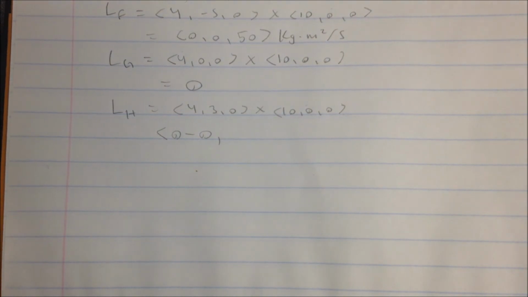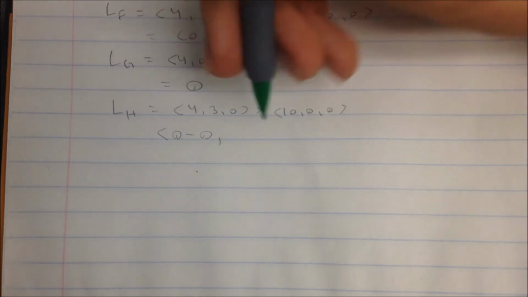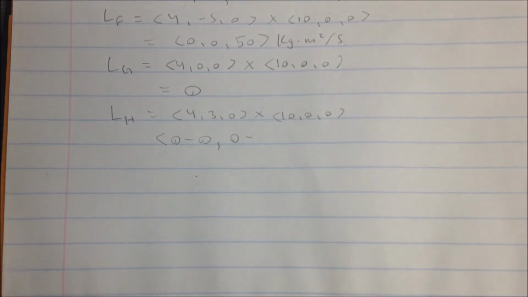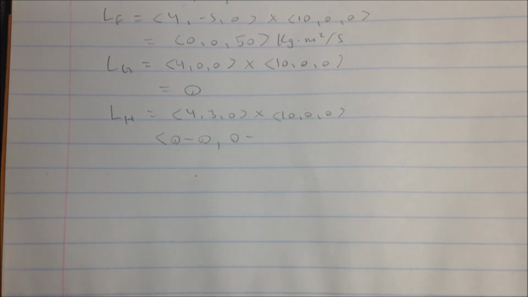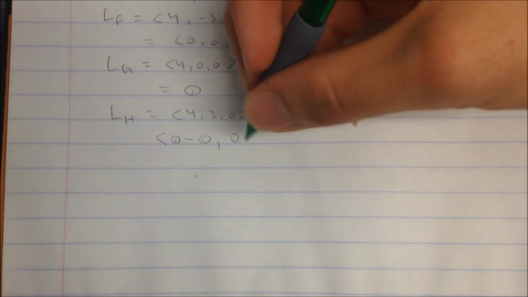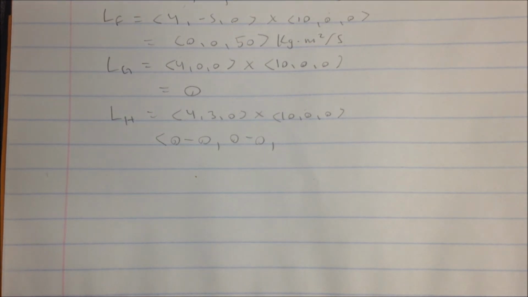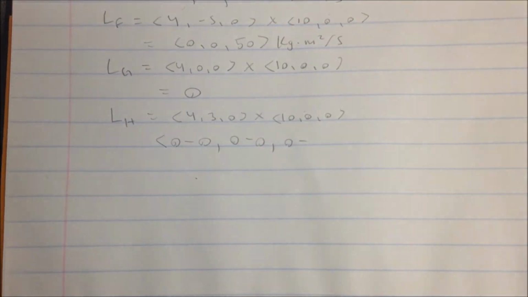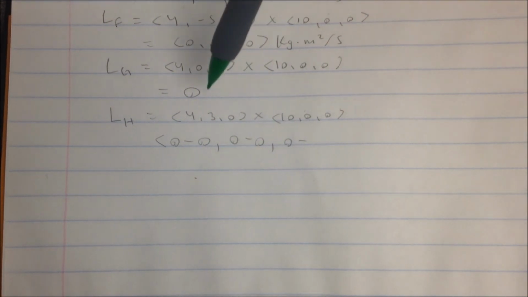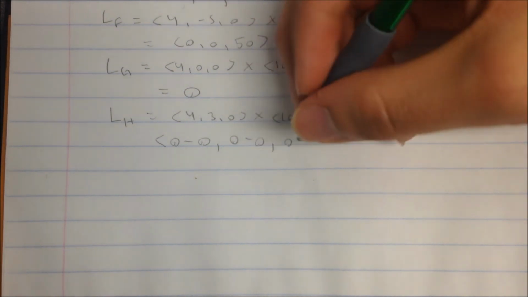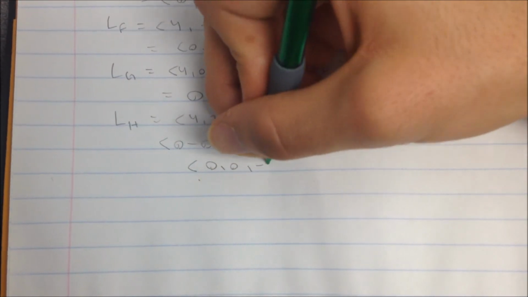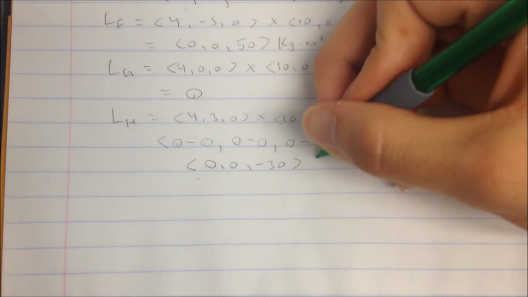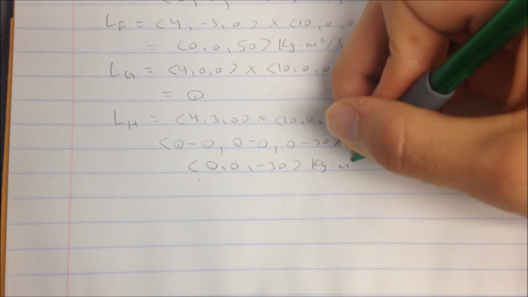The y component would be Rz, which is 0, minus Rx times Pz, Pz equals 0. And the z component would be Rx times Py, which is 0, minus Ry times Px, which is 30, which gives us 0, 0, negative 30 kilograms times meters squared per second.